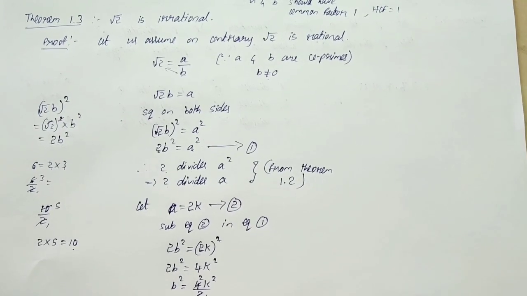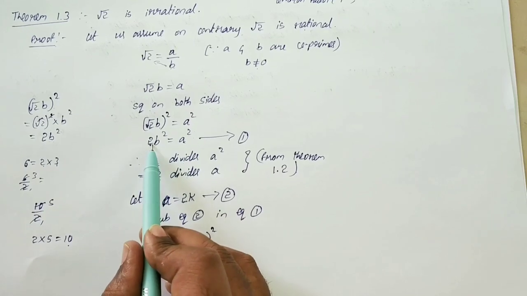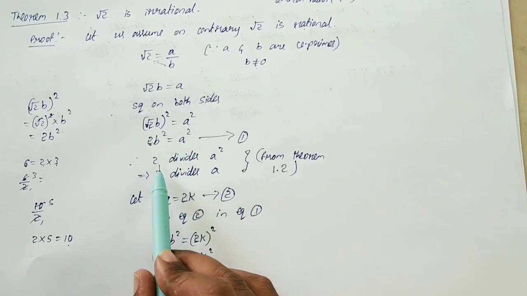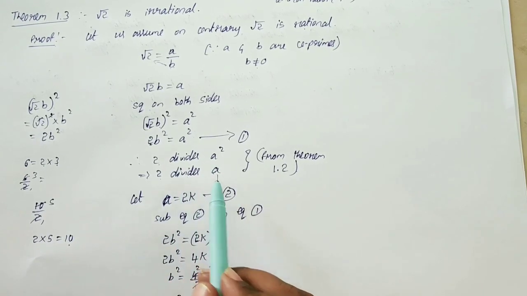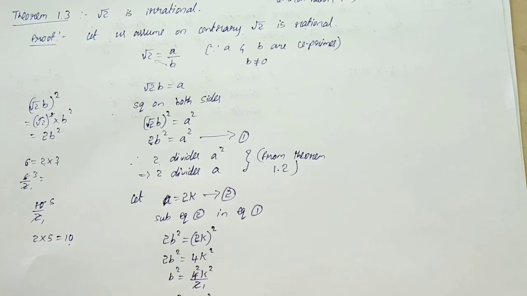For this b square, 2 is one of the factors. So see here, if 2 is a factor of a square, then 2 divides a square, also 2 divides a. Likewise, if 2 is a factor of b square, therefore 2 divides b square, that implies 2 divides b, right?